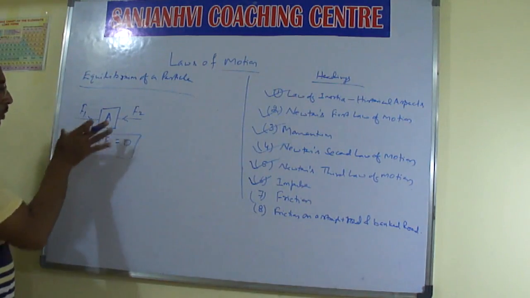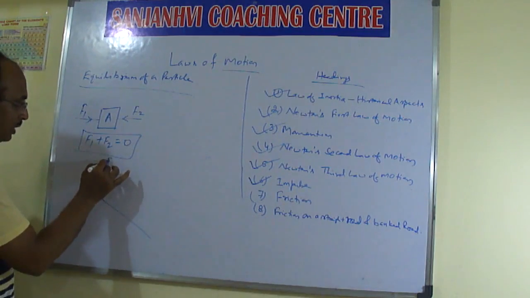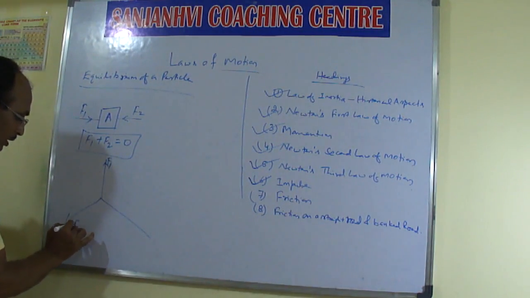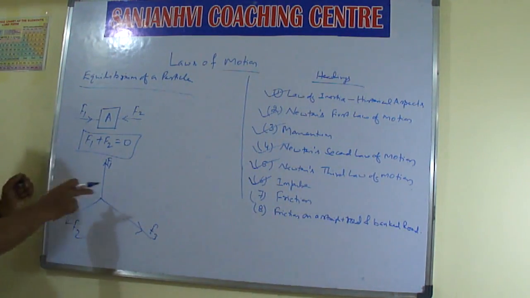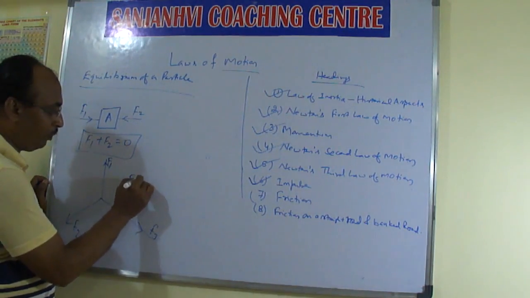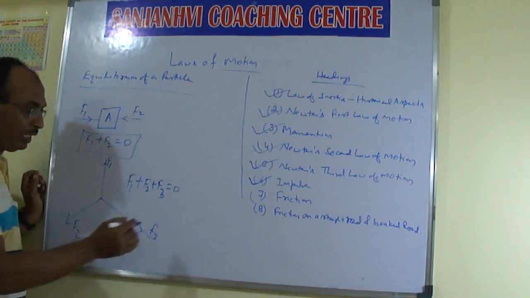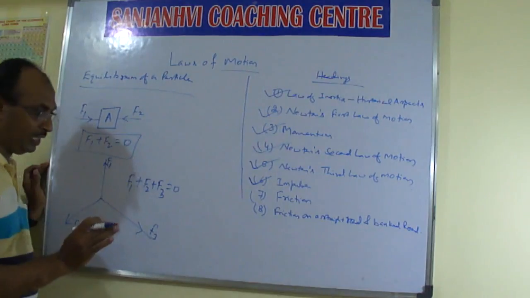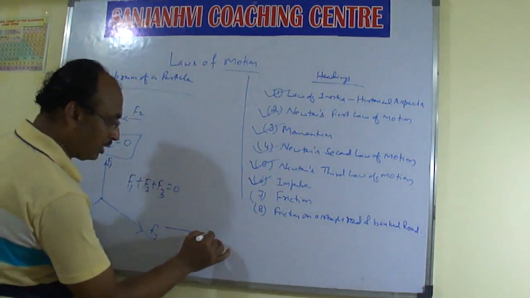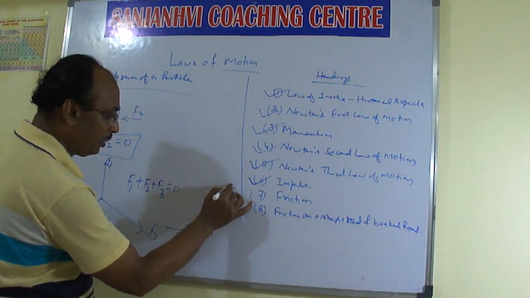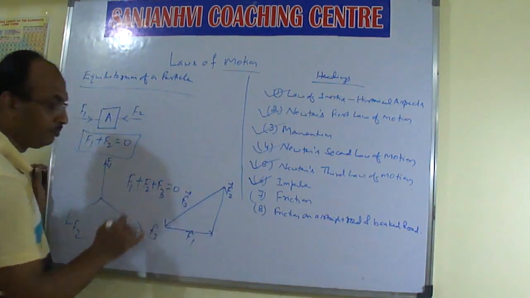Suppose three forces are there, F1, F2, F3. In this case also the body will be in equilibrium if F1 plus F2 plus F3 is equal to 0. So what is being followed? It is followed as the triangle law of forces. Suppose this is one side of a triangle F1, another side F2, and this one F3.